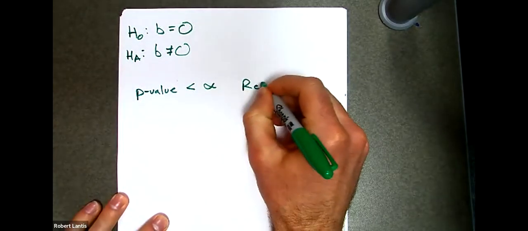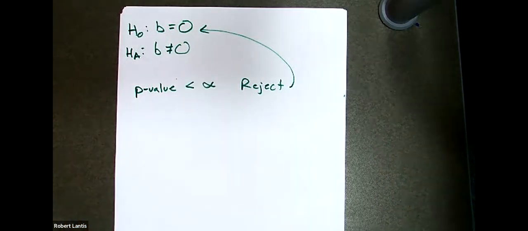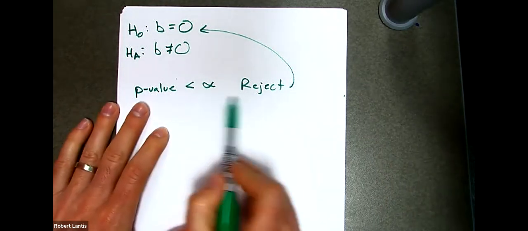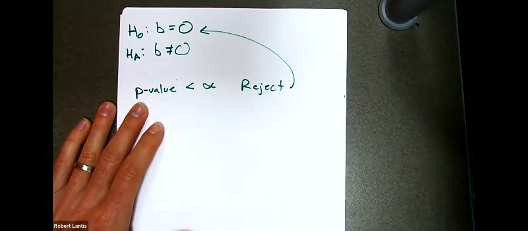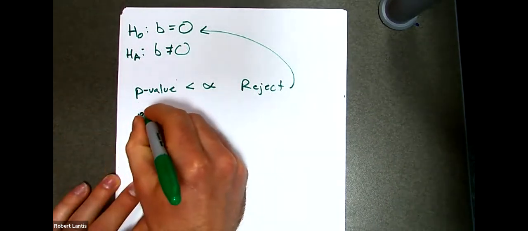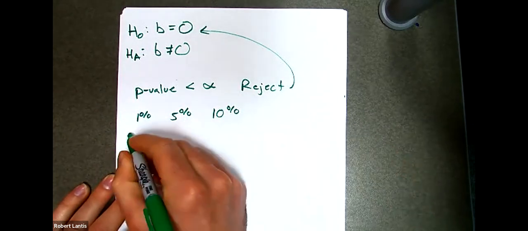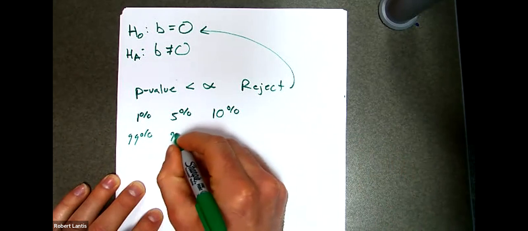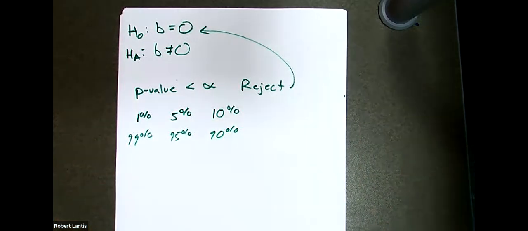If this holds, we can reject the null, which here, if I reject that there's no relationship, what I'm really saying is I found evidence that there is a relationship. So saying that something is significant means that we can reject the null, or we're really saying that there's a significant relationship. So that's why we use those significance levels of 10, 5, and 1%, which we said correspond to the confidence levels of 90, 95, and 99%.